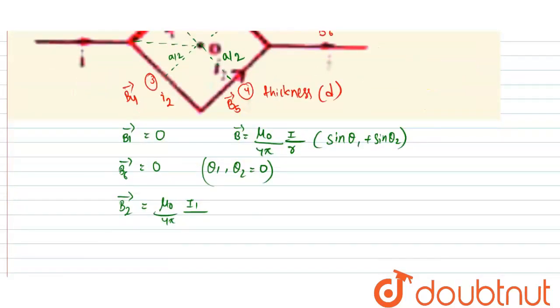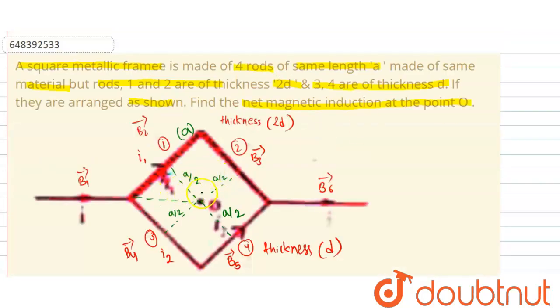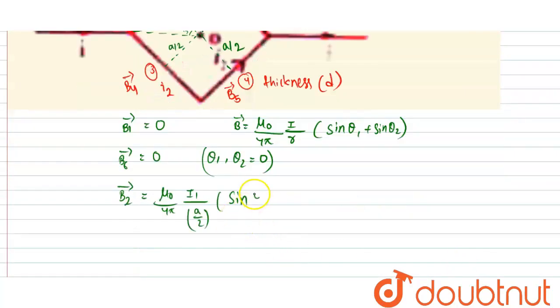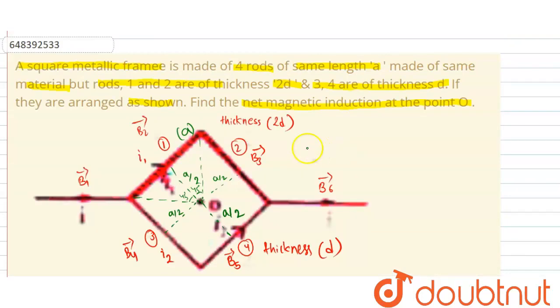So in the B2 case, it is A by 2 into sin, here angle is, as it is a square frame, 45 degree in all the cases. So you can put sin 45 plus sin 45 degree. That is equal to mu naught by 4 pi into 2 I1 by A into 2 into 1 by root 2.